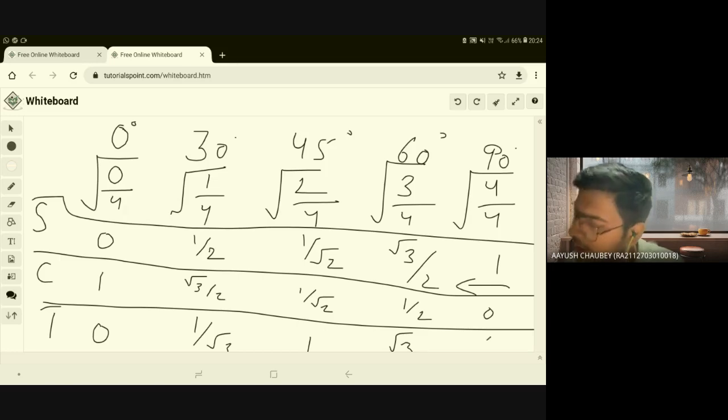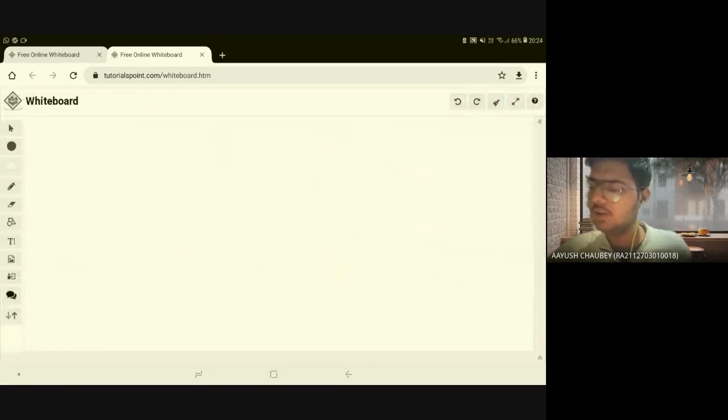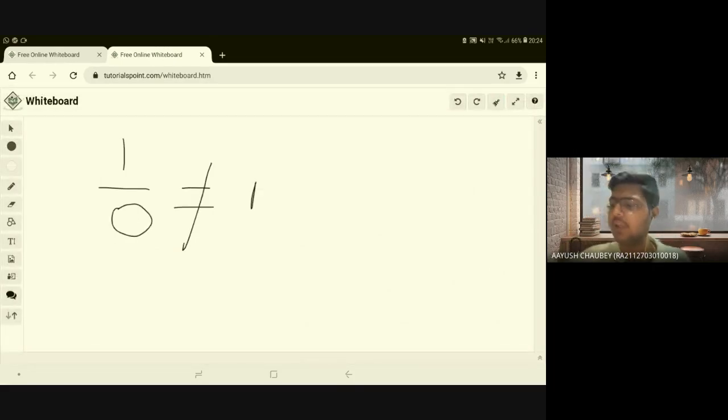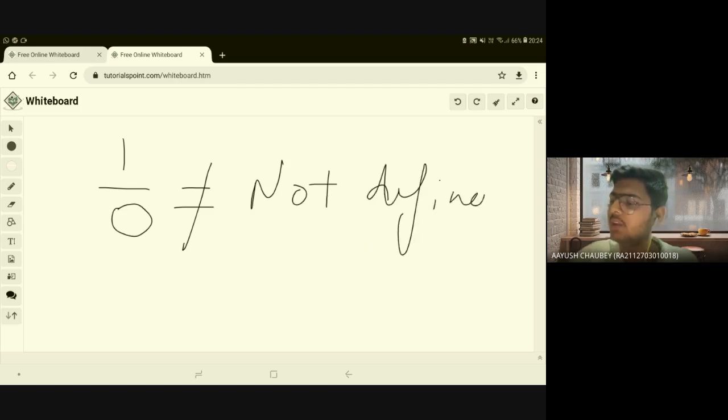You can write it with this symbol, which is usually called not defined. As you know, 1 by 0 does not exist, or the value of 1 by 0 is not defined, so you can denote it by this symbol.